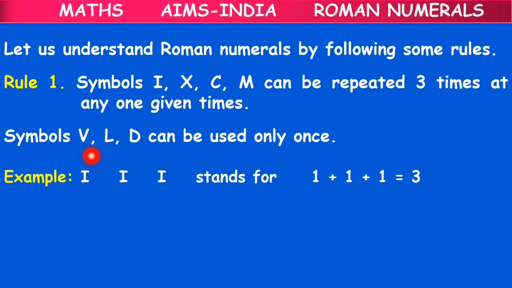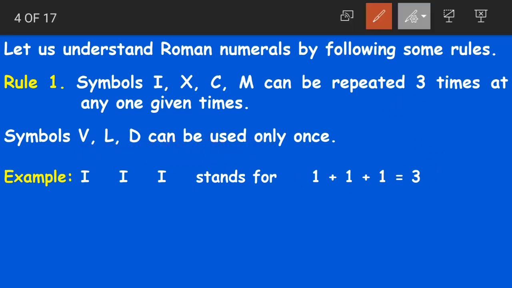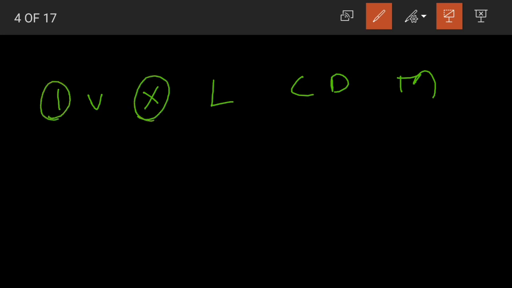And the symbols V, L, D can be used only once. Again, there is an easy way to remember this. We know these are the Roman numerals I, V, X, L, C, D, M. Now let us take the alternate symbols. Alternate means taking one and leaving the other.